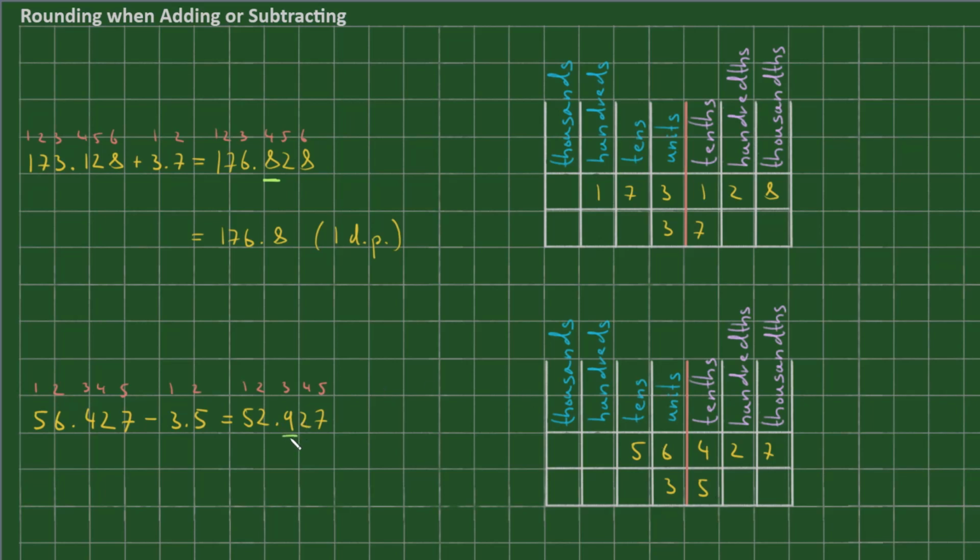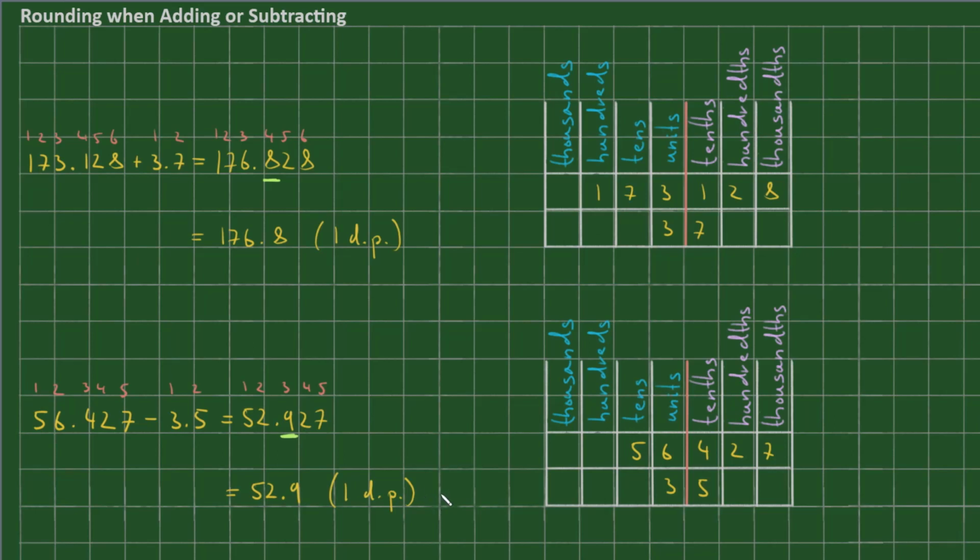So that means this is my rounding position. Again, I look one to the right, it's less than 5, which means I can just drop the rest of the digits. And this will give me 52.9. And again, I have rounded to 1 decimal place. Or you could say that I have rounded to the least accurate position.